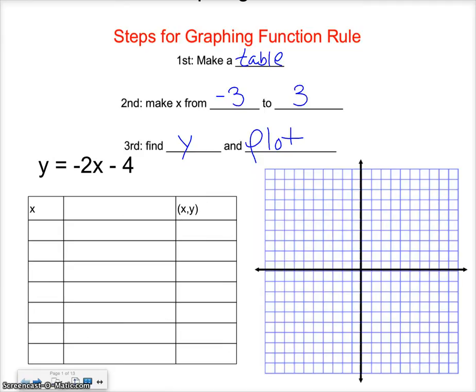Sometimes you can make x go from -2 to +2. You're going to find that this is actually very tedious, meaning it takes a long time, because you have to find 7 different y values by using this equation.